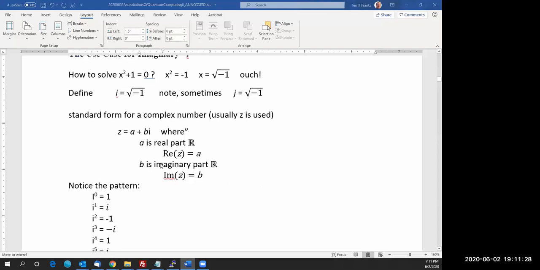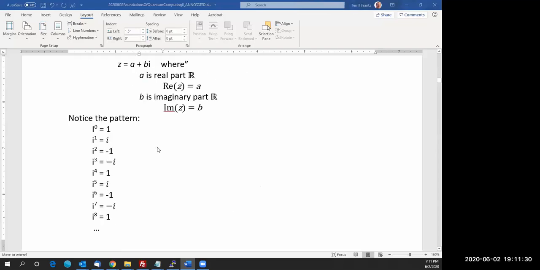What's really important in the quantum computing space is recognizing that i raised to powers runs through a cycle of 4 values.